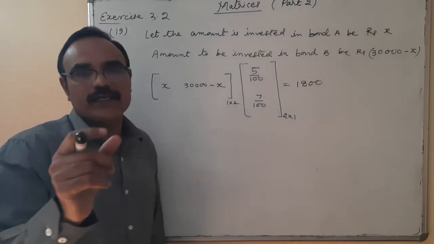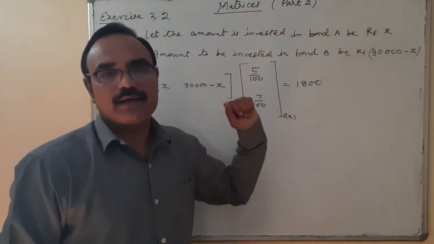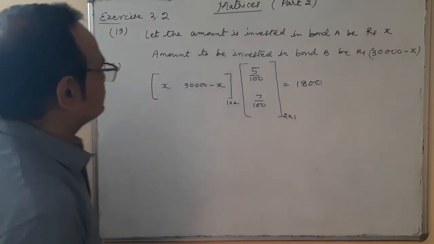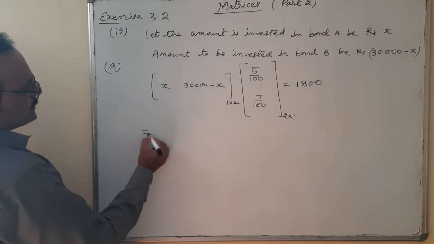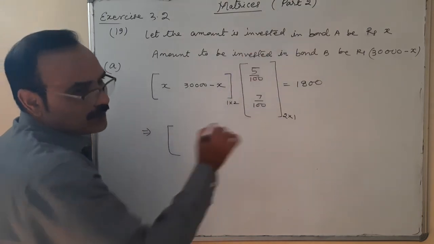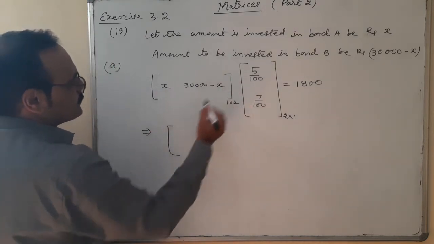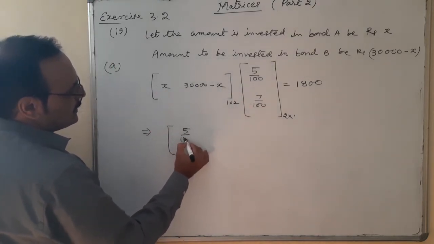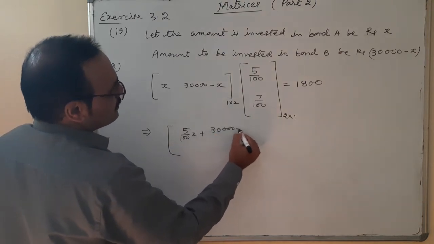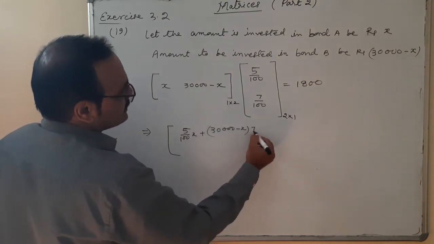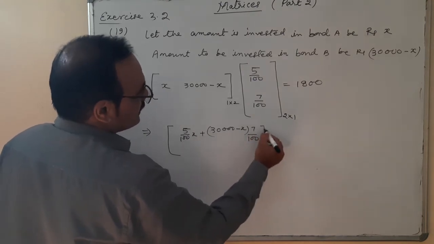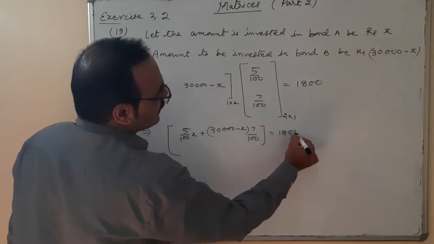That means we are getting a single element which can be compared with 1800. So first row multiplied by first column: 5 upon 100 x plus (30,000 minus x) multiplied by 7 upon 100. This single element is equal to 1800.